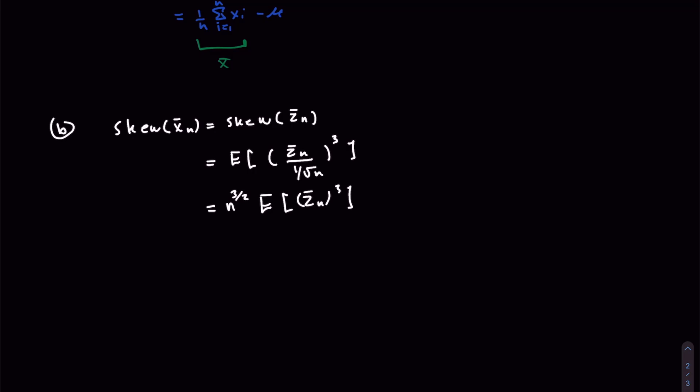Okay, and so let's just again use the definition of the standardized sample mean, which is then 1 over n, the sum from i equals 1 to n of zi, like that.